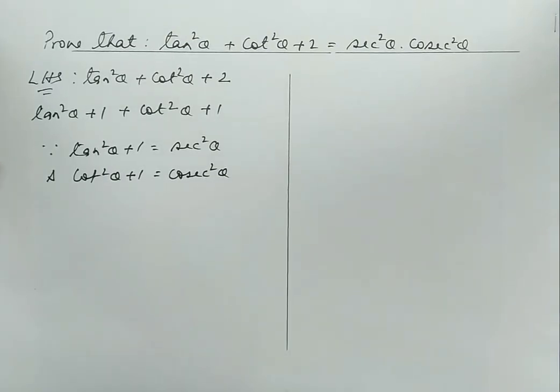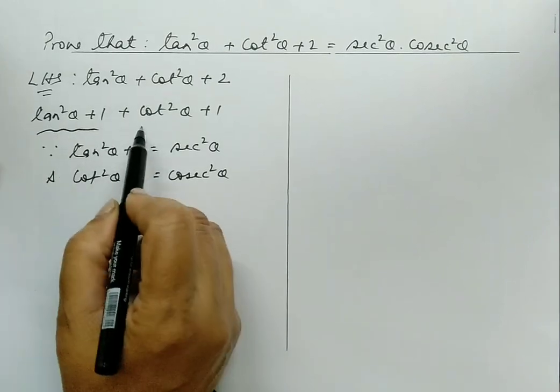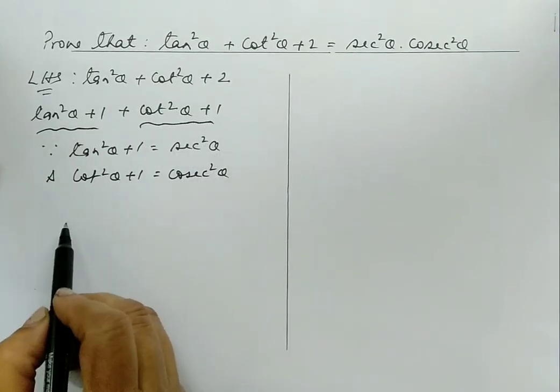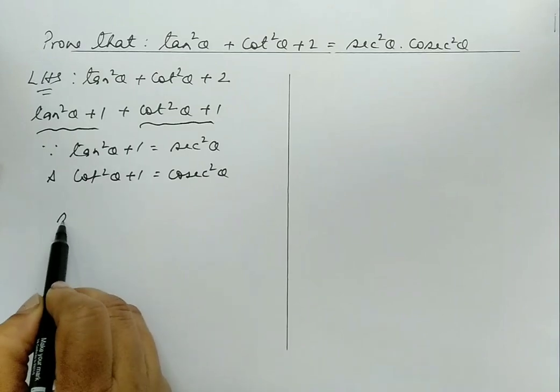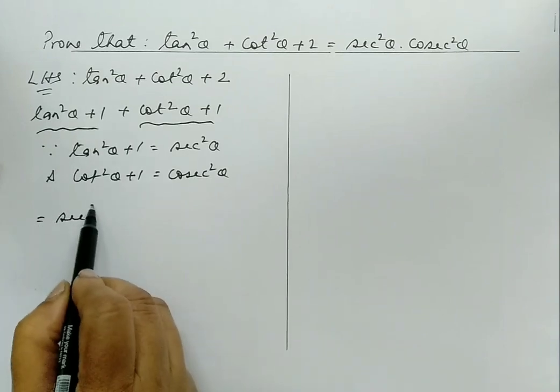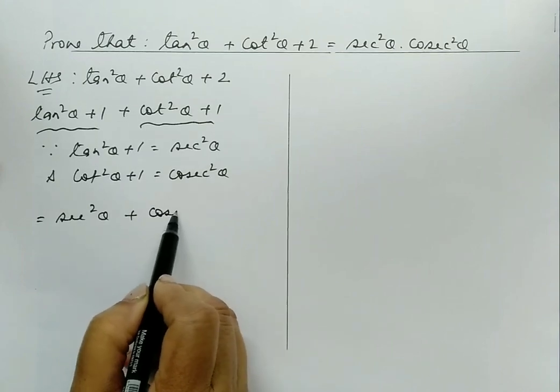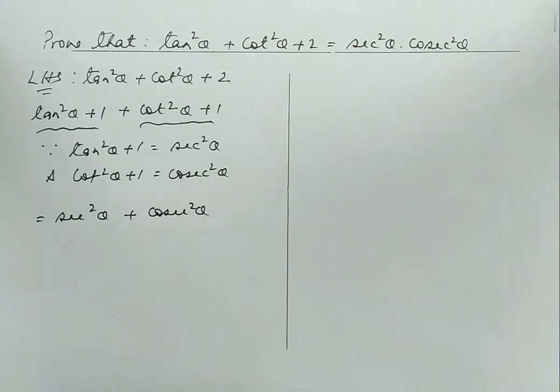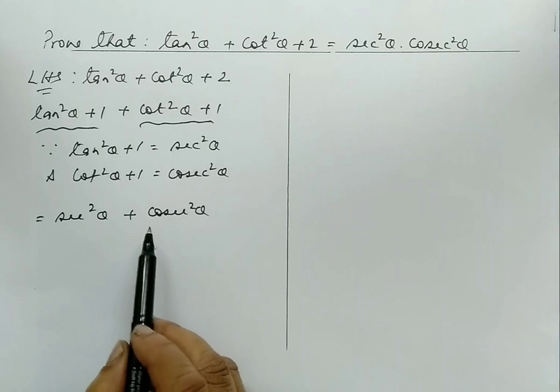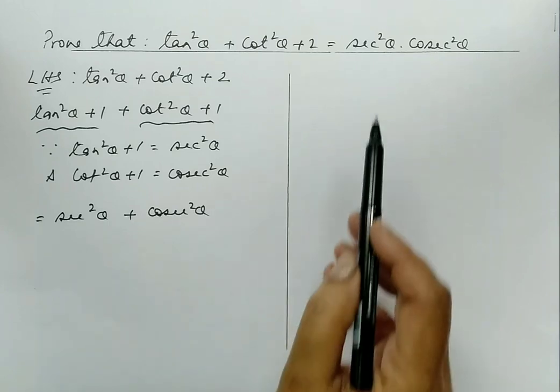So can we not write for this and this, our next step, as this? True, isn't it?